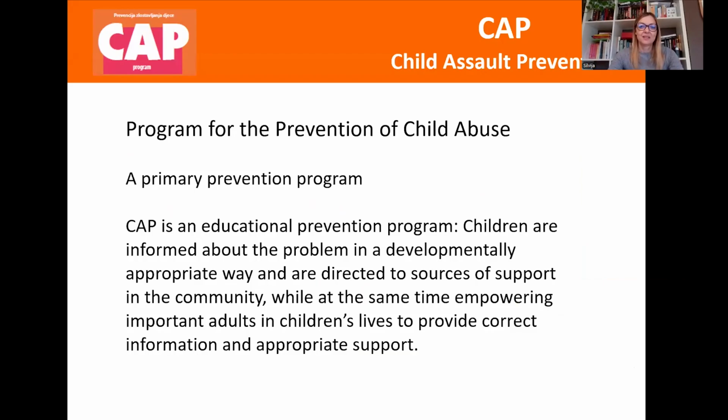So I will present a program for the prevention of child abuse. The acronym is CAP, for Child Assault Prevention. It is a primary prevention program, and it is an educational prevention program. Through this program, children are informed about the problem in a developmentally appropriate way, and they are directed to sources of support in the community.